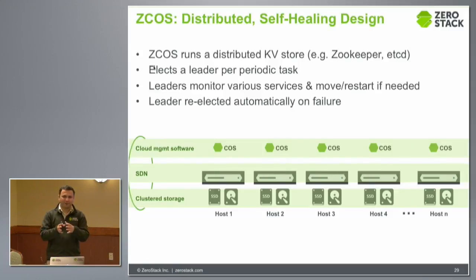Each leader could be doing one or few tasks, and if any one of that fails, the leader knows how to fix that thing. And if the leader itself fails, then somebody else automatically becomes the leader. So there is a built-in self-monitoring and self-healing system as we are running this.